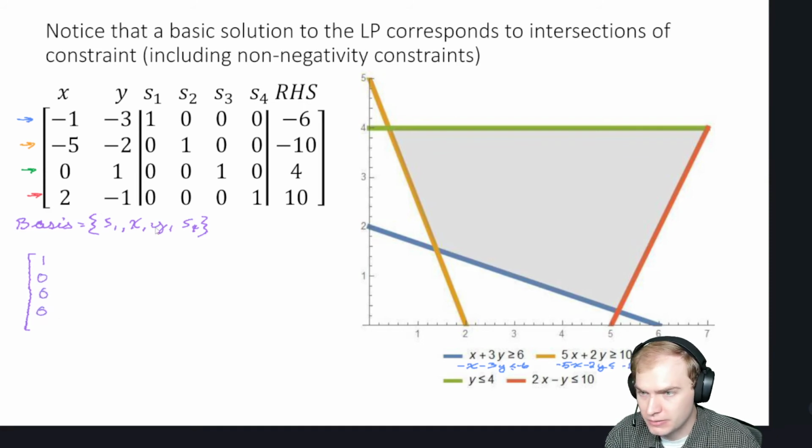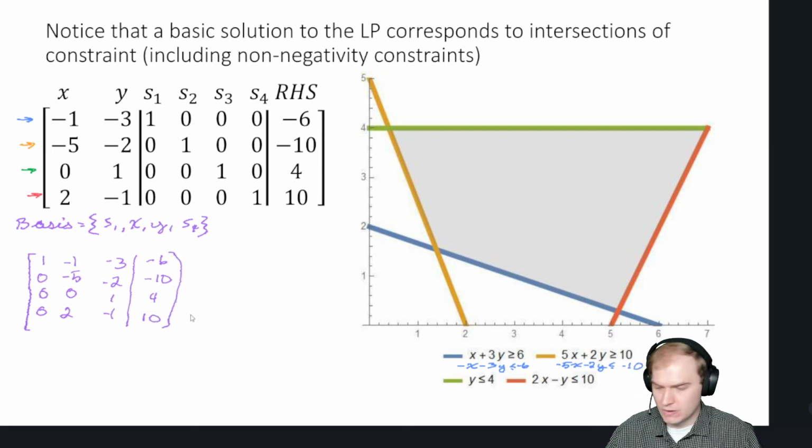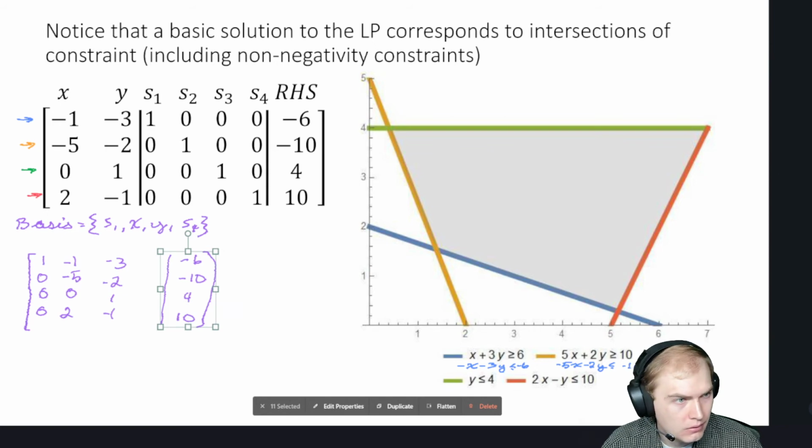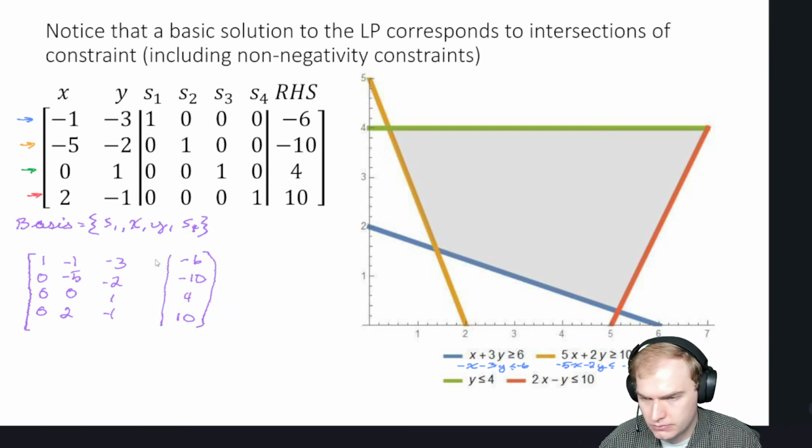So I'm just going to grab the columns corresponding to my basis in the order that they're given. And then tack on the right-hand side. Oh, I missed a column. Zero, zero, zero, one.